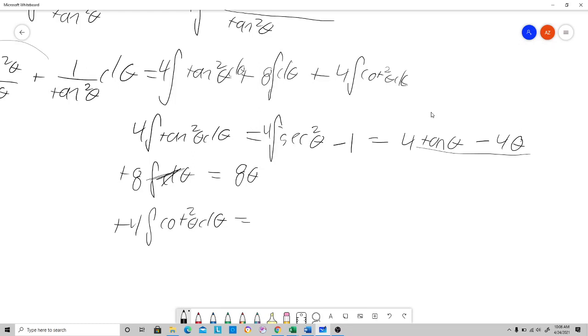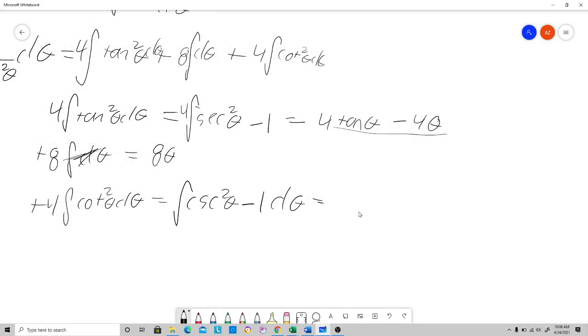So this can be rewritten as cosecant squared theta minus 1 d theta. And then the integral of cosecant squared is negative cotangent theta, minus, oh, I forgot to distribute the 4, so minus 4 theta.